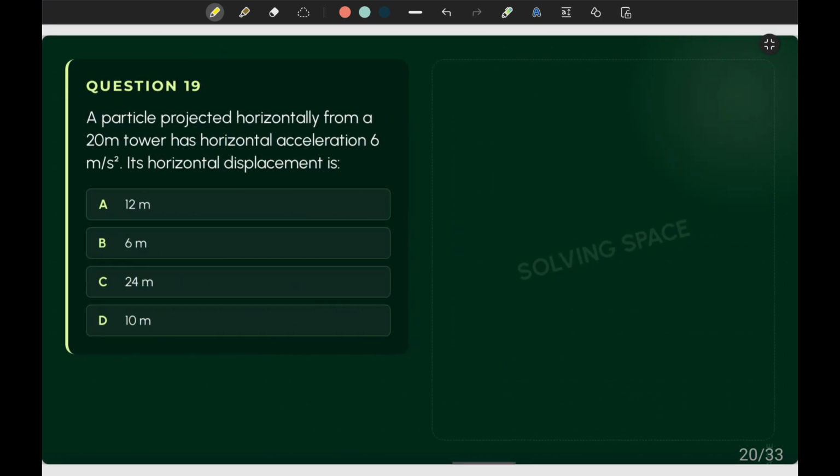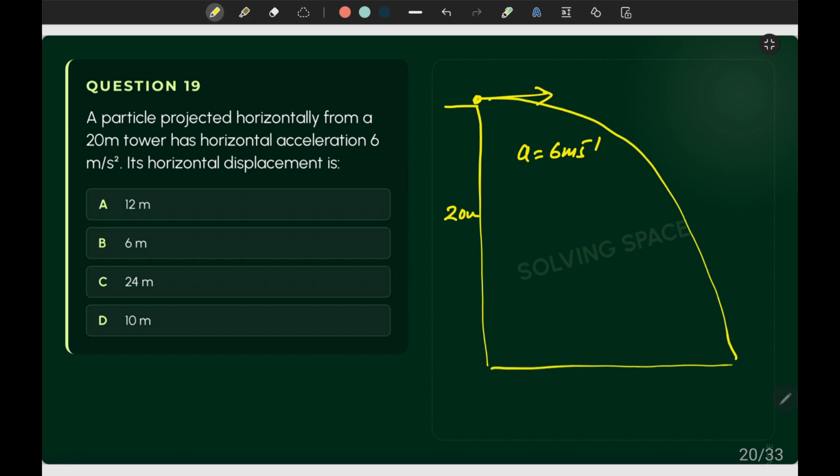Question number 19. A particle projected horizontally from a 20-meter tower has a horizontal acceleration of 6 meters per second square. The tower is 20 meters. Its horizontal displacement is. After falling downward, how far away will it fall? But the thing is a little bit different.